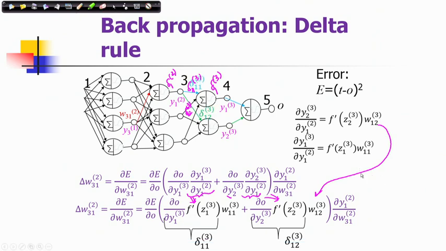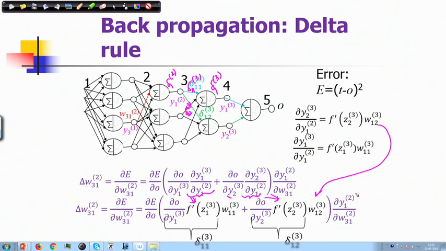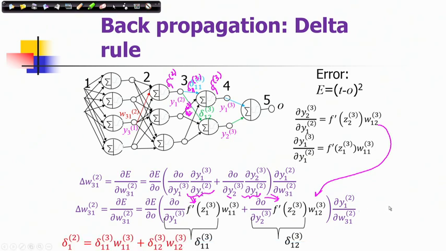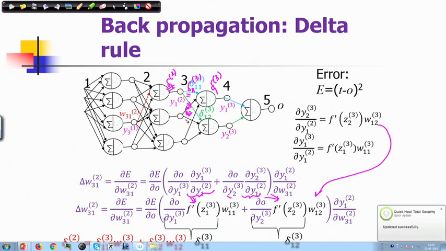So, we can define the delta rule in this fashion: delta 1 2 is equal to the weighted addition of delta 1 1 3 and delta 1 2 3, where the weights are the weights of the corresponding edges.